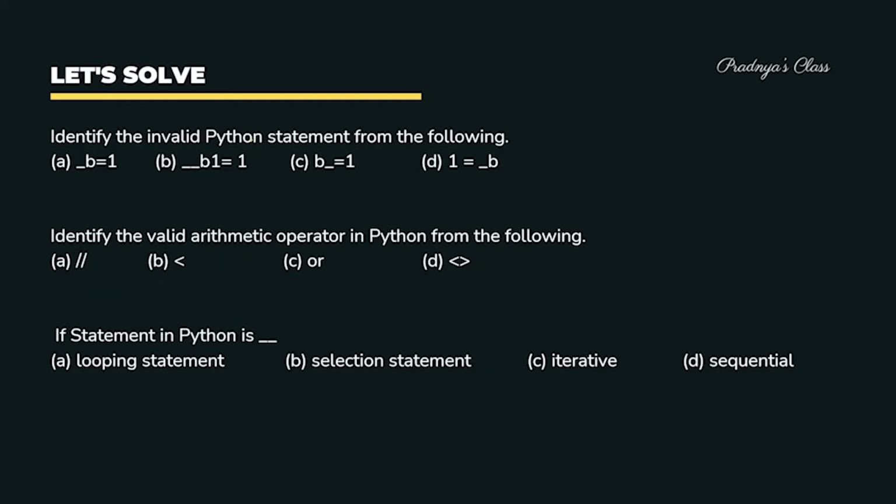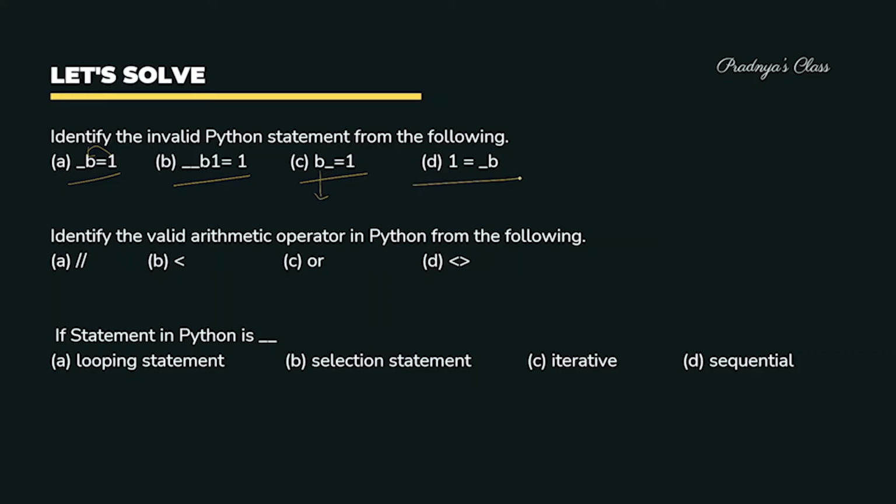Identify the invalid Python statement from the following. The first statement is valid because underscore is allowed to design identifiers and we are assigning value 1 to 8. Now let's check out the second one. Second statement is also valid because we are using 2 underscores and it is allowed. The third statement is also valid because we are using the first character as an alphabet, after that underscore.